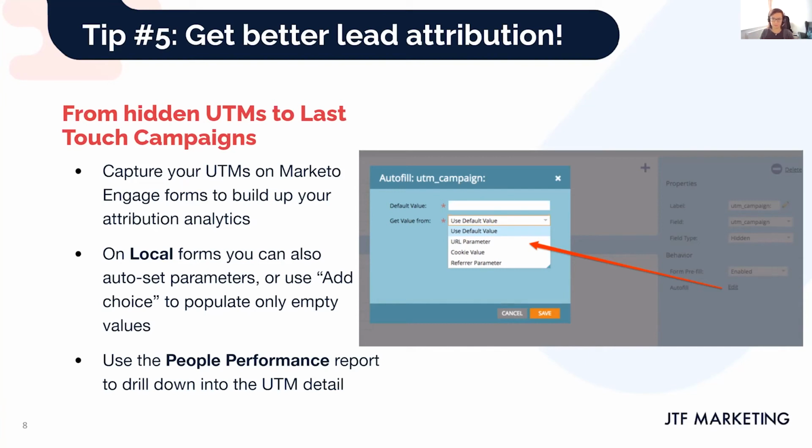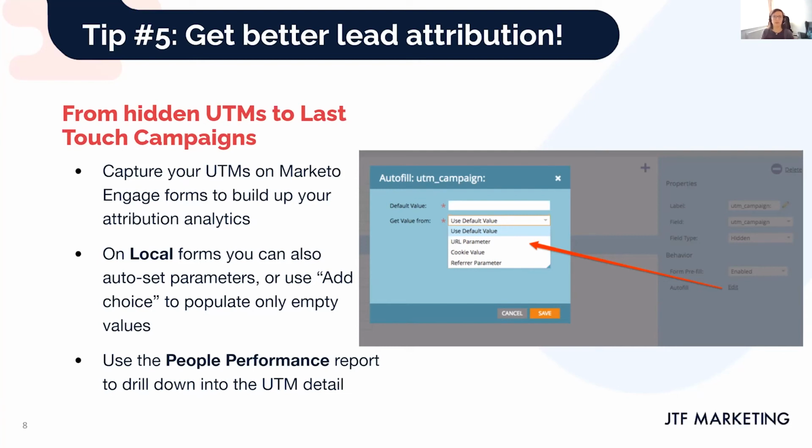The other thing you can do by capturing these UTMs, for example, is having a last touch campaign. So understanding what is the latest touch point that someone had with you. And in your Smart Campaign flow steps, you can use add choices to populate empty fields.